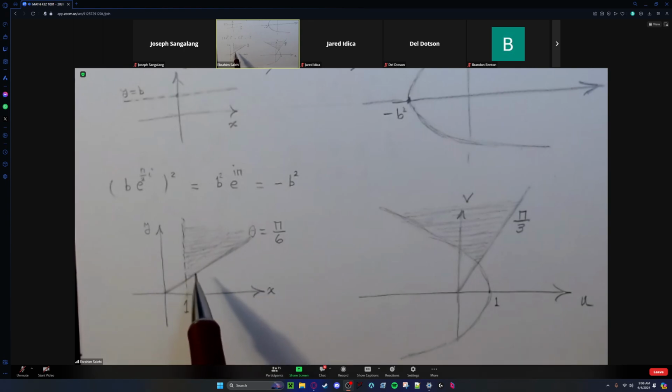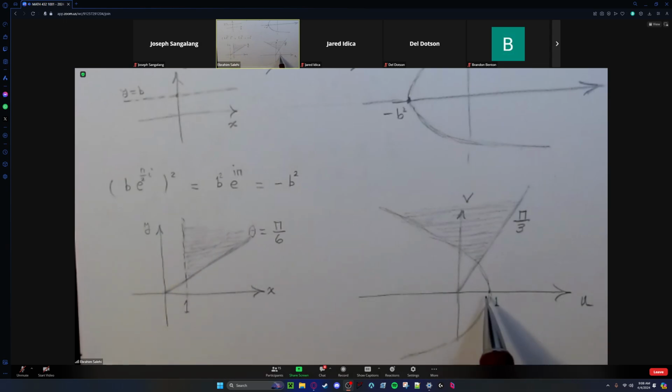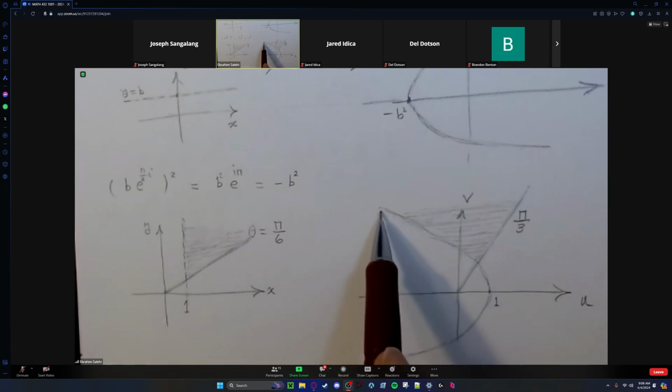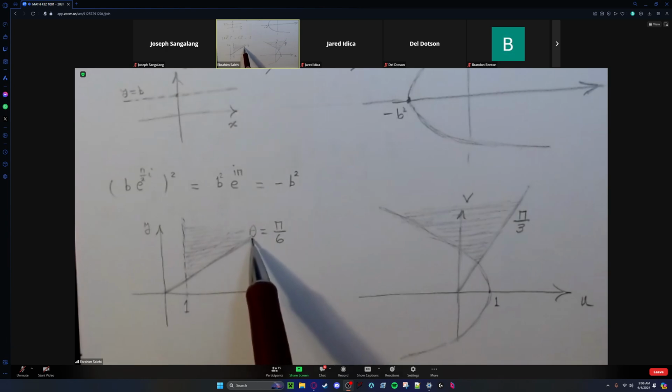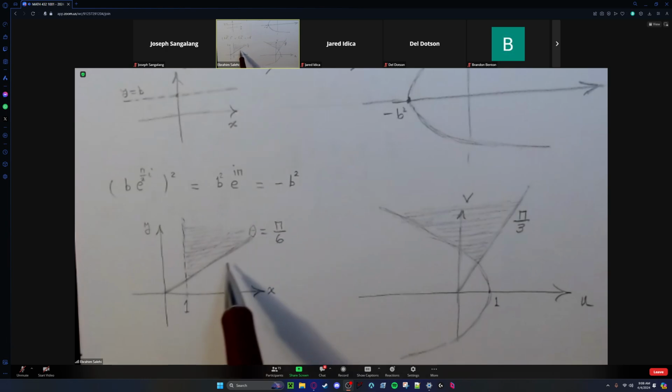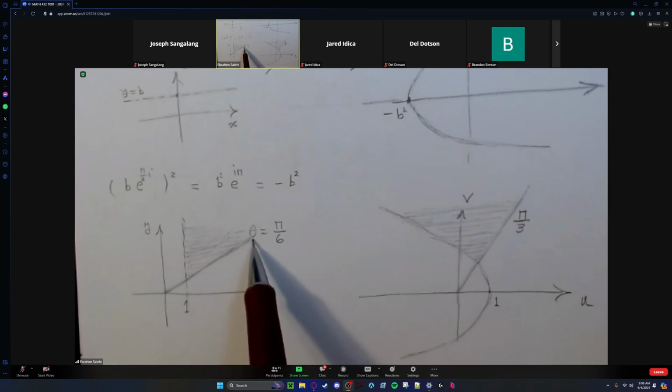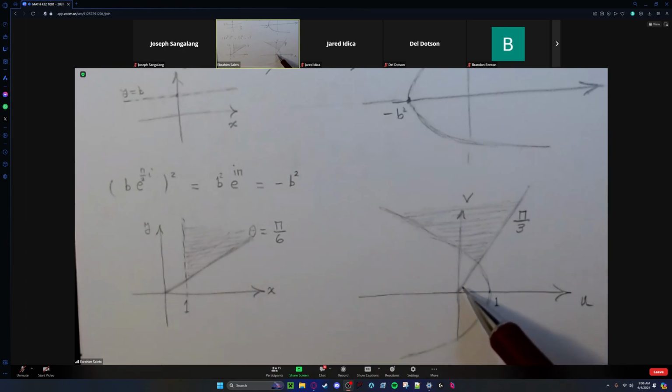If you apply z squared, this vertical line becomes this parabola. This ray, which is theta equal pi over 6, this angle here is pi over 6, becomes pi over 3.